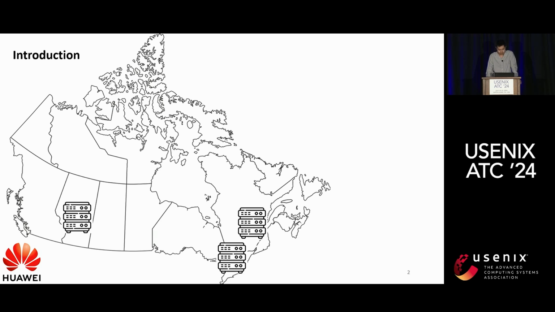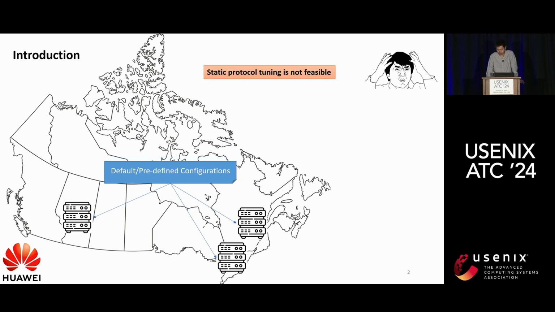Web servers are deployed around the world, but often rely on default or predefined configurations. But the one-size-fits-all approach falls short in diverse network scenarios, and static protocol tuning is not feasible. Here's why.